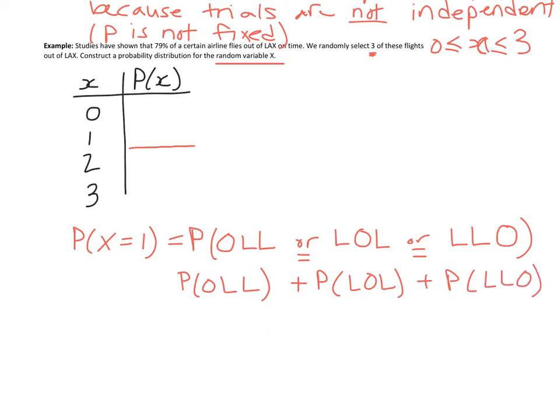Okay, and then let's look at this first one. This is the probability that the first is on time and the second is late and the third is late. So that's what all of these little sub-probabilities are. I'm not going to write all that out. And what's that "and" keyword?